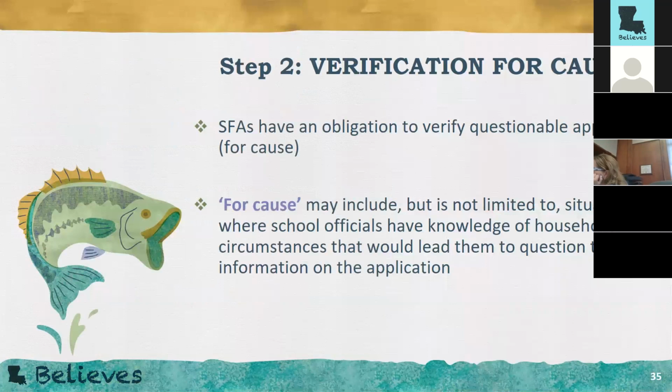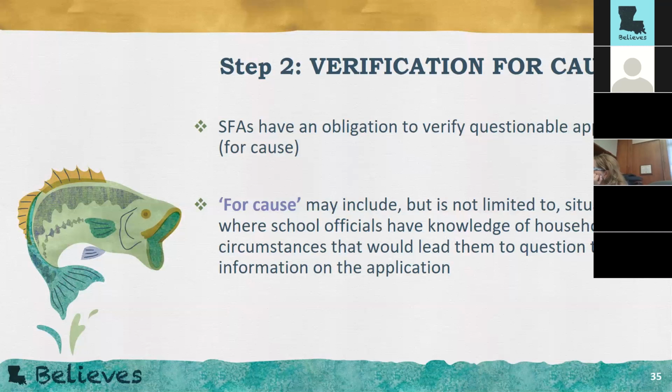Apart from the required verification of a specified number of approved applications, regulations at 7 CFR 245.6a(c)(7) require LEAs to verify any questionable application, including on a case-by-case basis, verifying any application for cause when the LEA is aware of additional income of persons in the household.